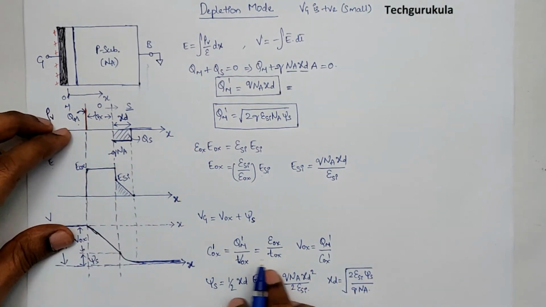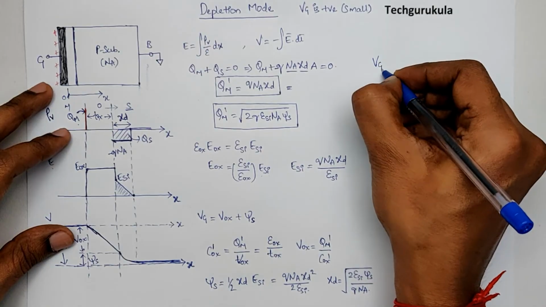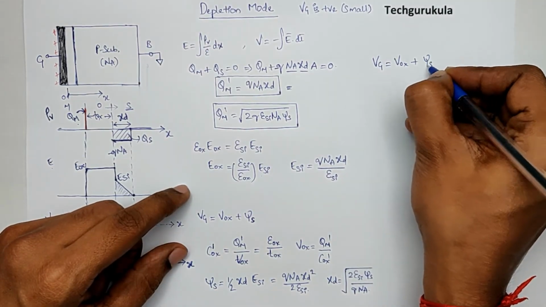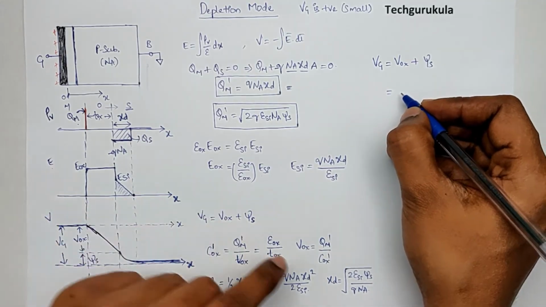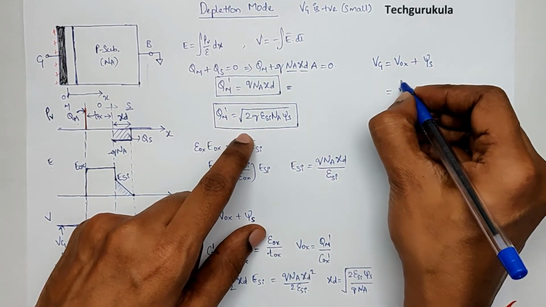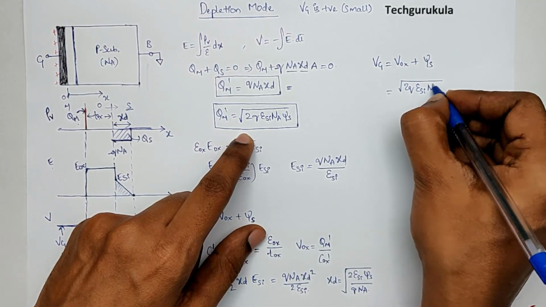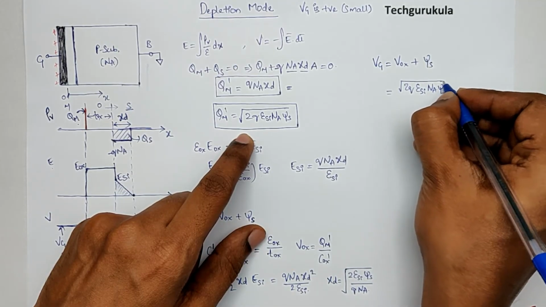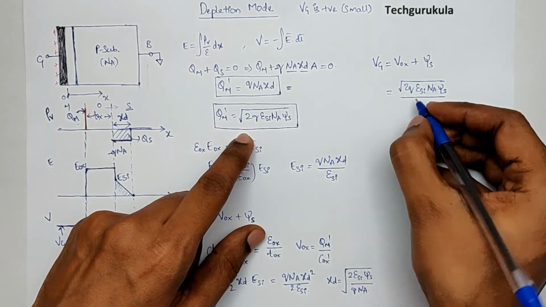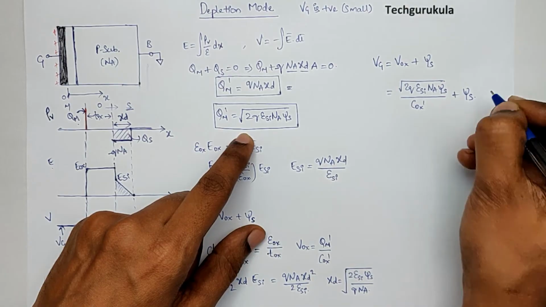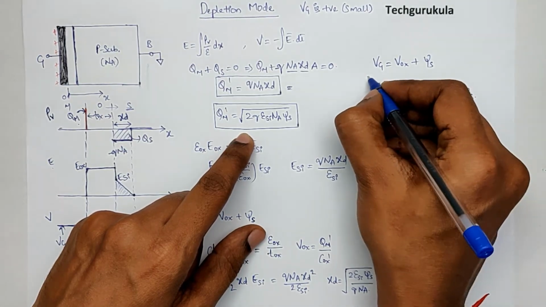So finally, looking at this, I'm going to write Vg is equal to Vox plus psi s, which can be written as Qm prime, which is here, the square root of 2q epsilon Si Na psi s over Cox prime, plus psi s. This is Vg.